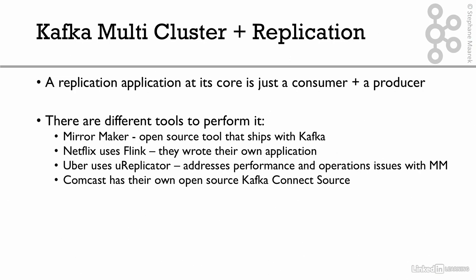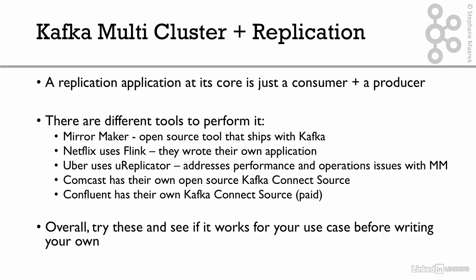I don't know if it has been tested extensively, but if Comcast works with it, I'm pretty sure it's good. Then Confluent, they have their own Kafka Connect source as well, but this one is paid, it's enterprise license supported, so I think it's really, really strong, but you do have to pay a lot of money unless you have a license with Confluent. Overall, there's lots of options. There's not one way of doing things in the Kafka world, unfortunately. So try these one by one and see the one that works for you, for your use case, before you go ahead and try to write your own, okay?